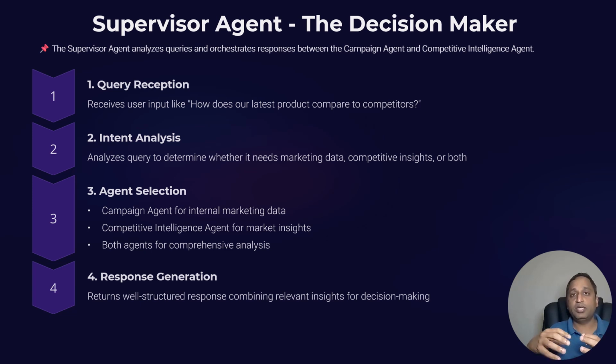If they want competitors, to the competitors agent. Sometimes it could be, compare my campaign with a campaign run by say Apple Watch or Fitbit. Now I can combine our campaign data with the competitor campaign data and give some insights, right? This is where the supervisor orchestration comes in.